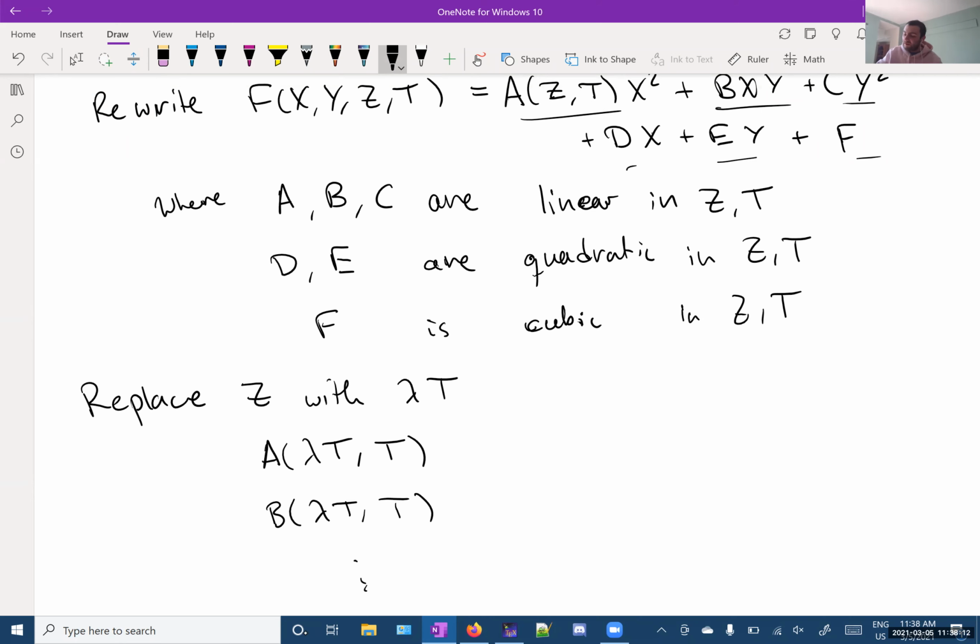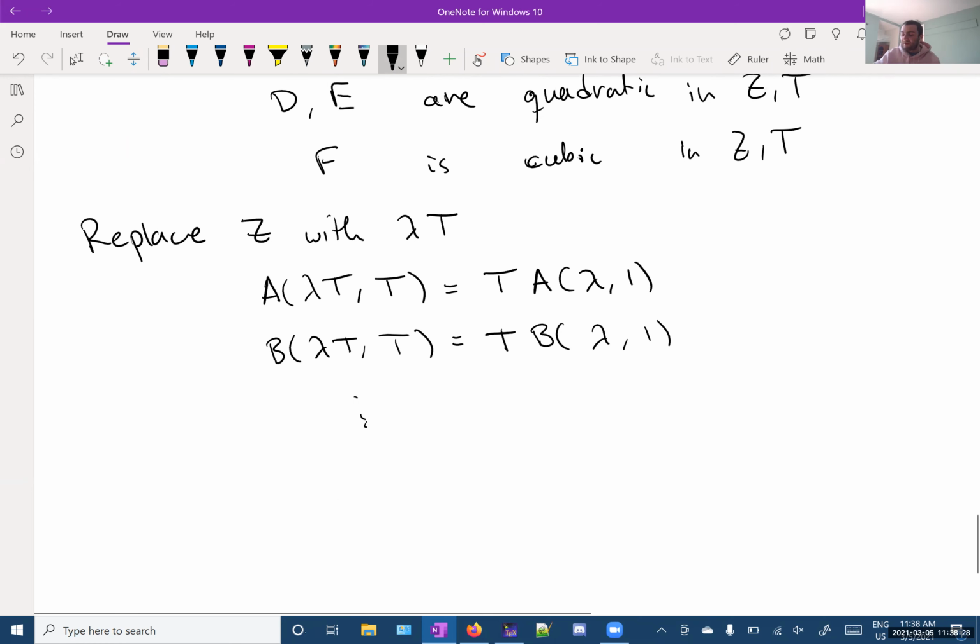Now remember, these are homogeneous, so they scale. So I can take this t out. This is the same as t times a of lambda, 1, and t times b of lambda, 1. Similarly, d of lambda t, t is t squared times d of lambda, 1, because d is quadratic. And for f, I get a t cubed.